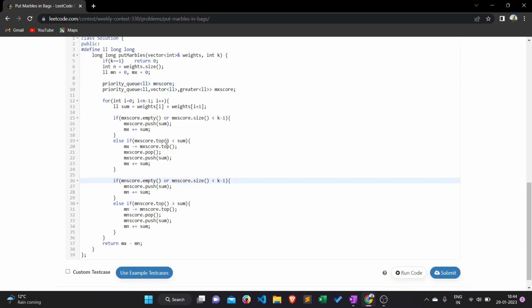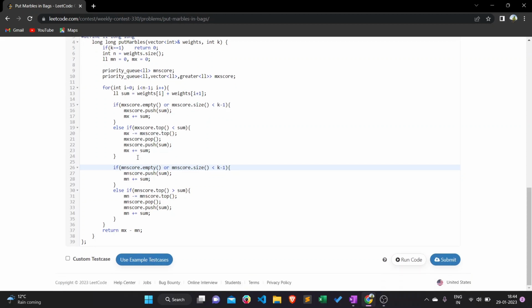If the size is equal to k minus 1, we compare the top element. If the top element is less than the sum, we pop the top element and update the sum accordingly: we decrease the sum by the top element and increment it by the current sum. So we did it for the max, and we can do the same thing with min.